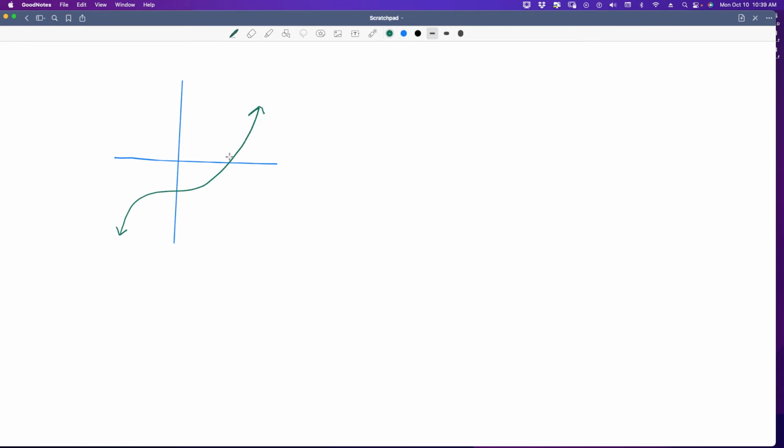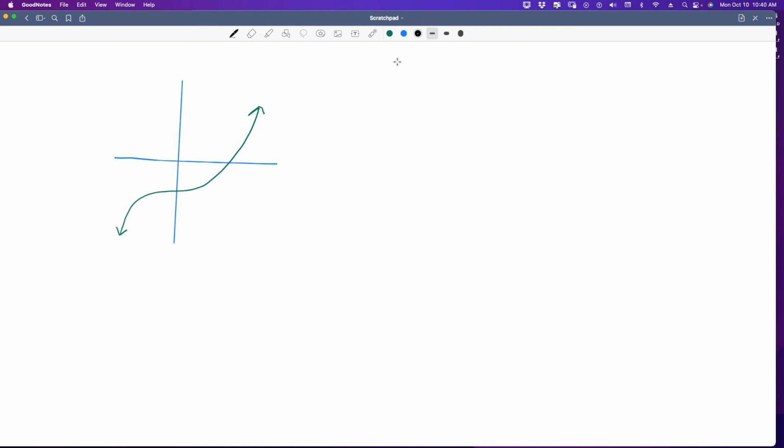The horizontal line test asks us to check and see if it is a one-to-one function. A function is a one-to-one function provided that any horizontal line intersects its graph in at most one point. Now, we can't do the horizontal line test until after we do the vertical line test.